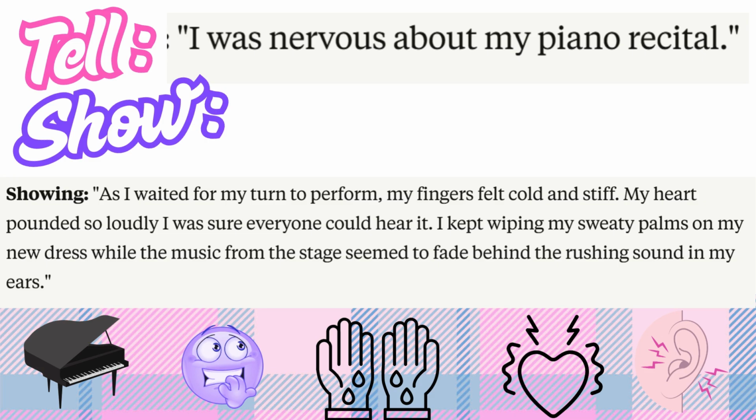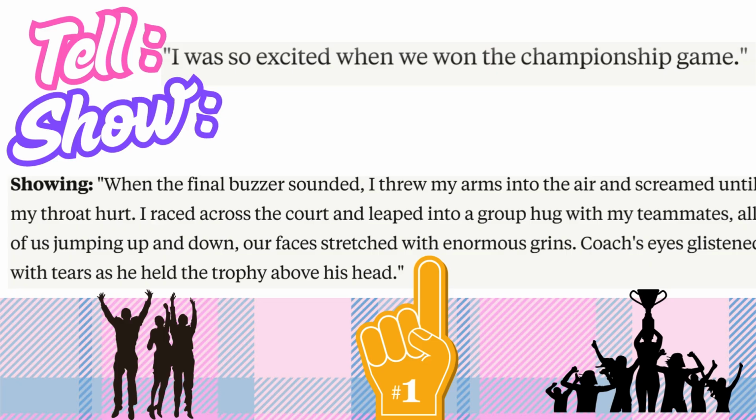My heart pounded so loudly, I was sure everyone could hear it. I kept wiping my sweaty palms on my new dress, while the music from the stage seemed to fade behind the rushing sound in my ears. She sounds really nervous.